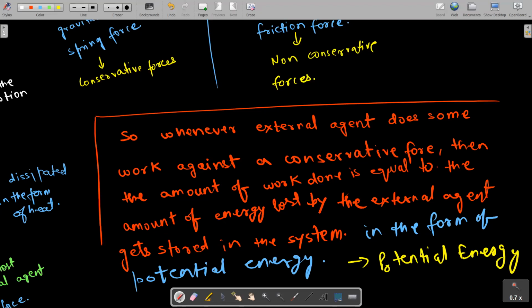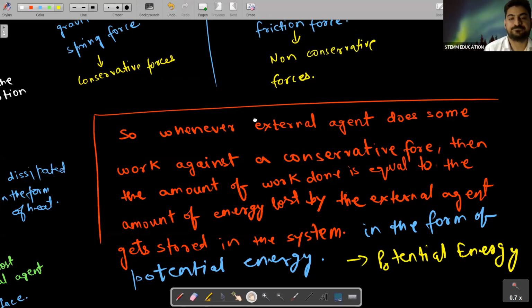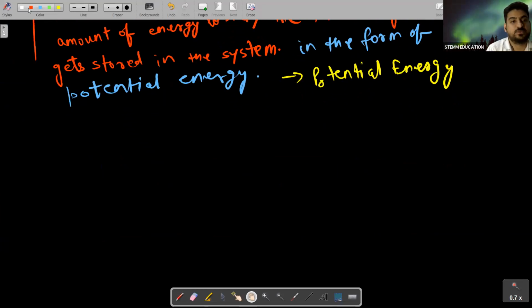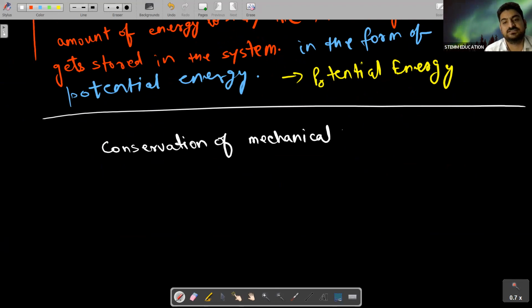Now that we have understood the idea of potential energy, we can understand something known as conservation of mechanical energy.